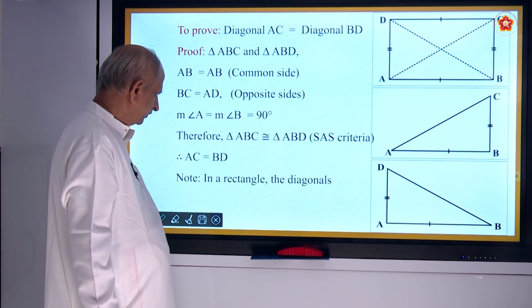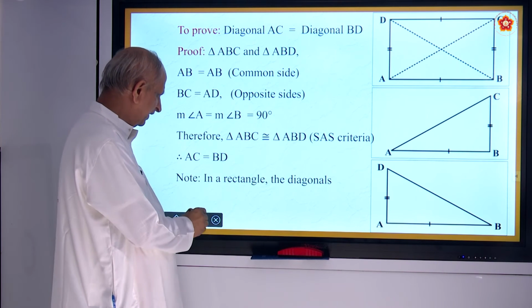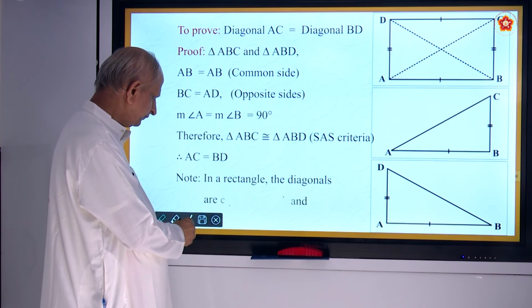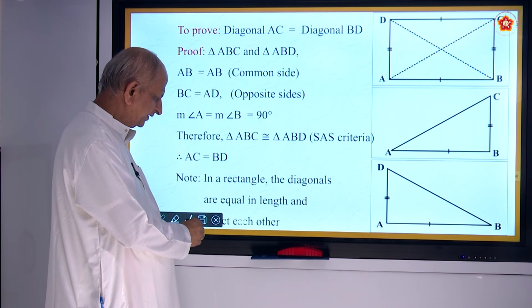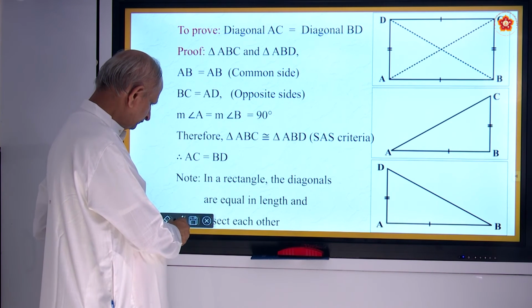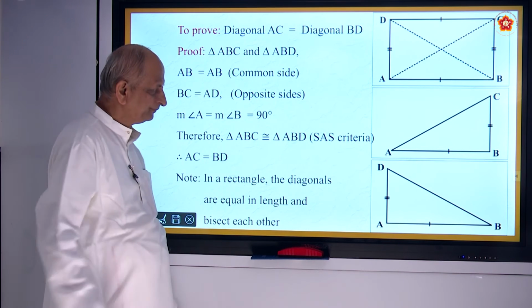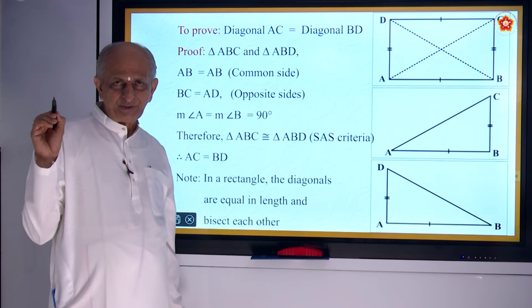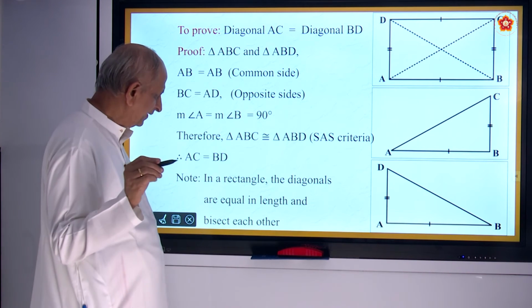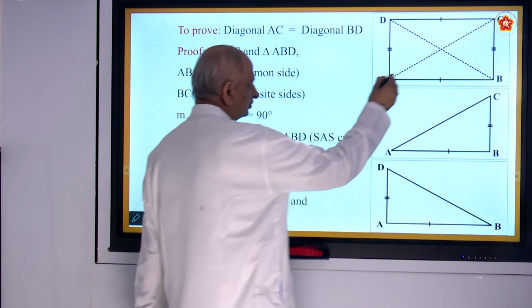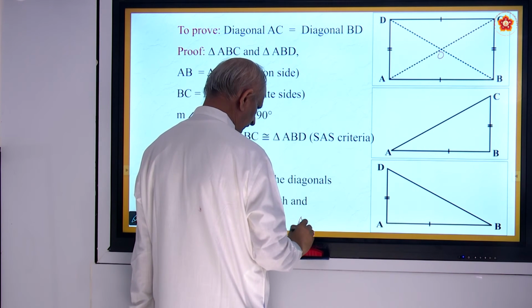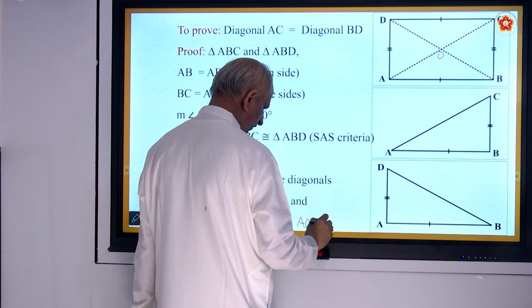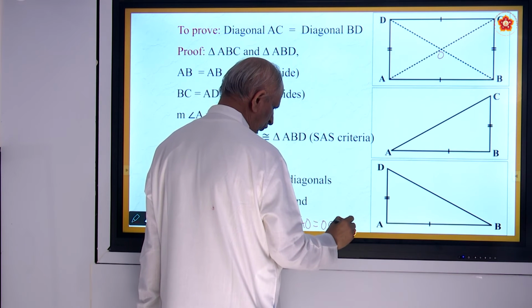Now in a rectangle, the diagonals are equal in length and bisect each other. What do we mean by bisecting? Bisecting means cutting into two equal parts. That is, in this figure, AO is equal to OC and BO is equal to OD.